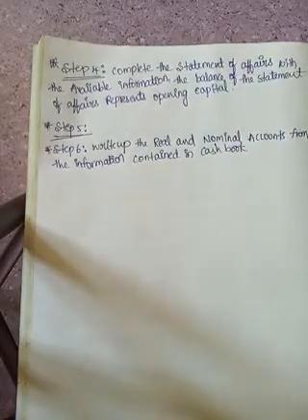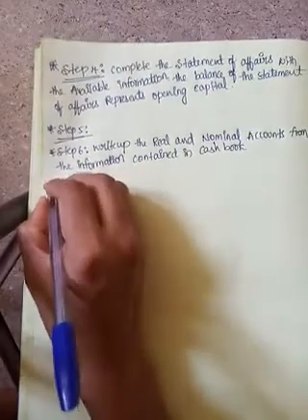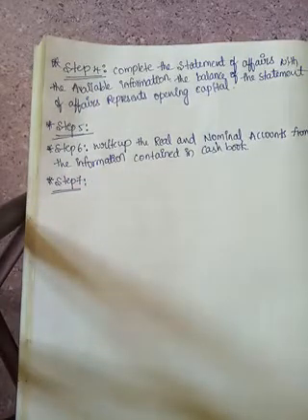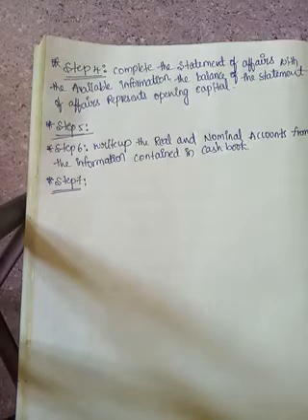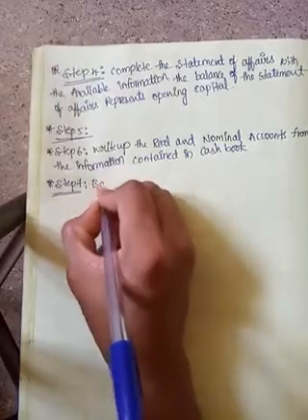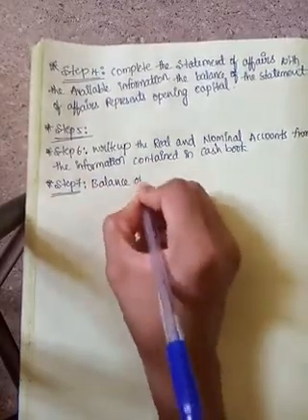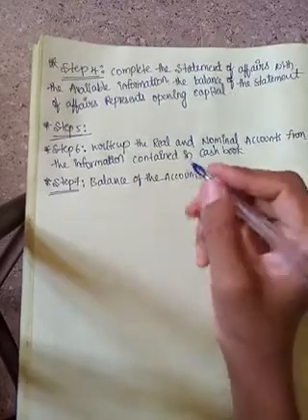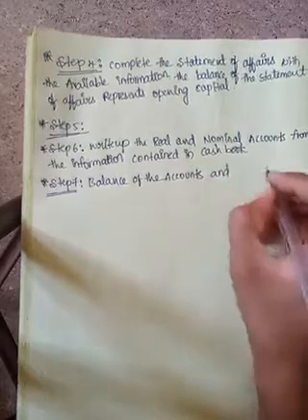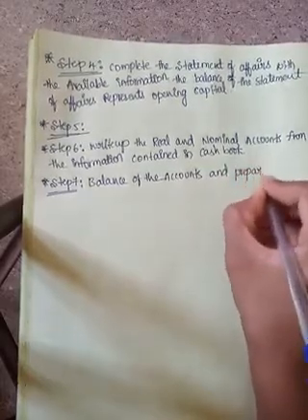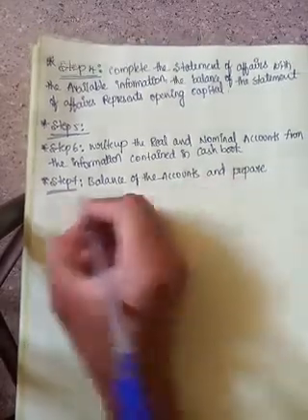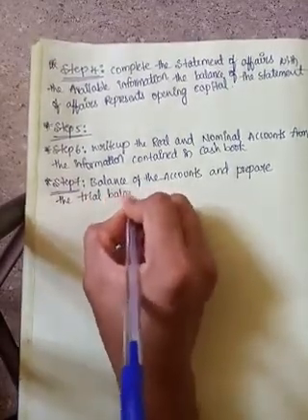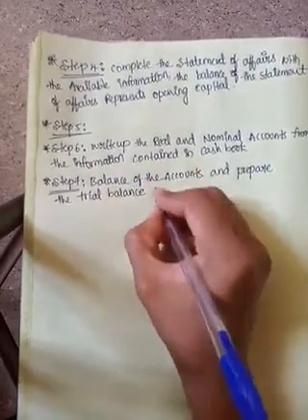Next is step 7. Step 7 is balance the accounts and prepare the trial balance in the usual manner.